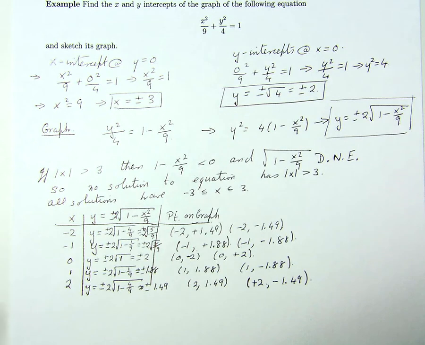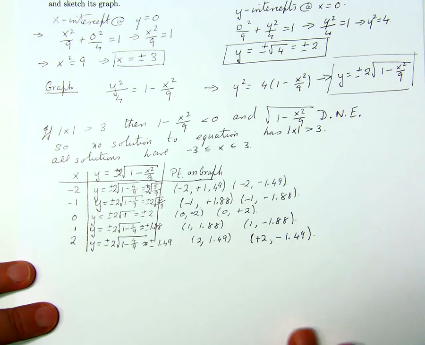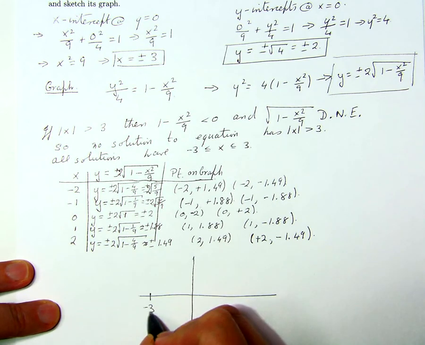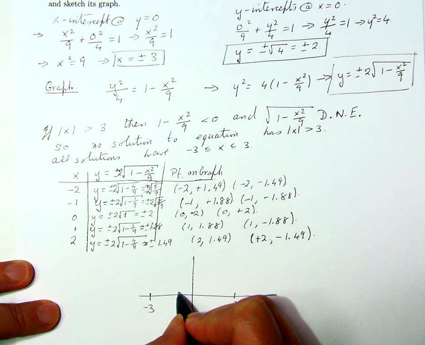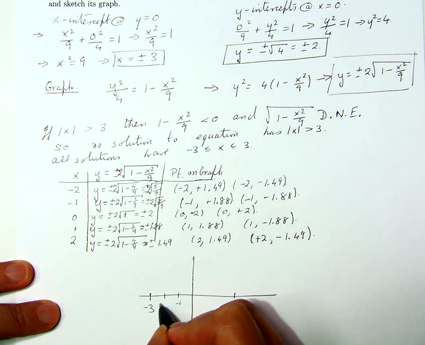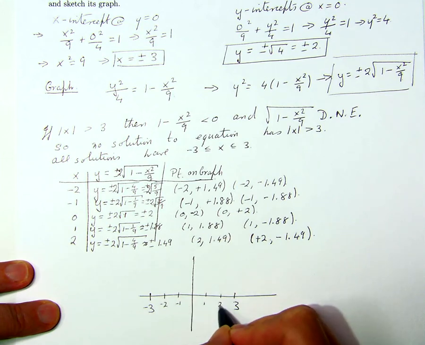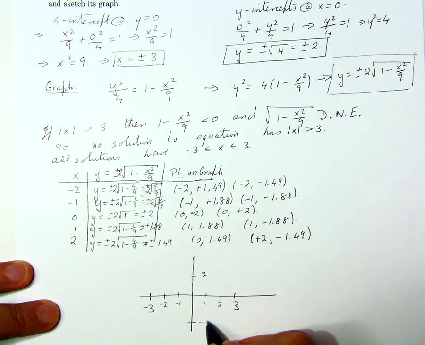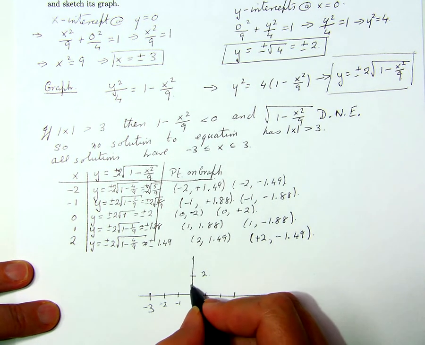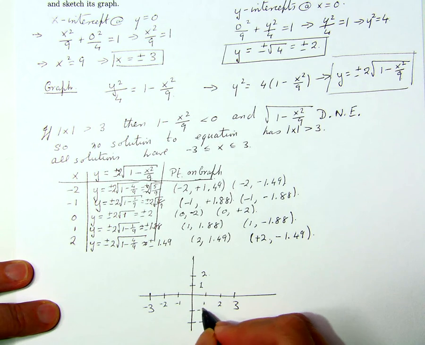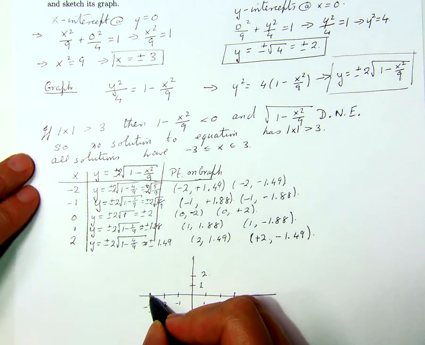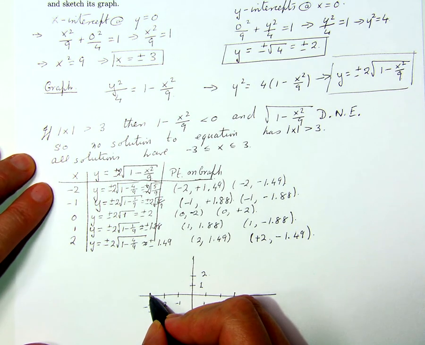So this gives me a bunch of points on the graph, and now I can draw a picture. I know that my graph is concentrated between -3 and 3. And the y values here are between plus and -2. And when x equals -3, I see that y equals 0.